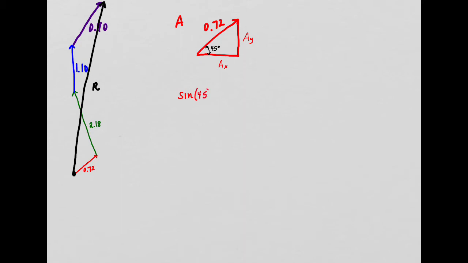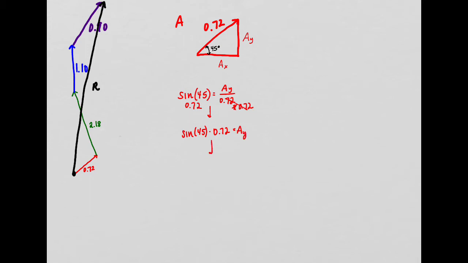The sine of 45 is equal to the opposite over the hypotenuse, which is AY over 0.72. So with a little algebra, I can rearrange this to get sine of 45 times 0.72. I did that by multiplying both sides by 0.72, and this is going to equal AY.